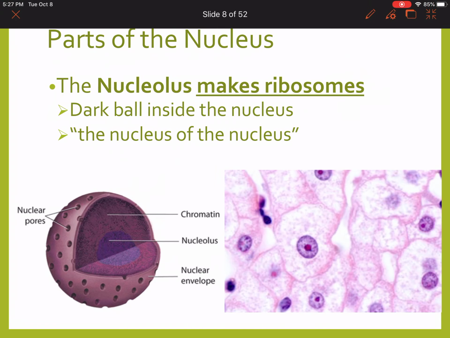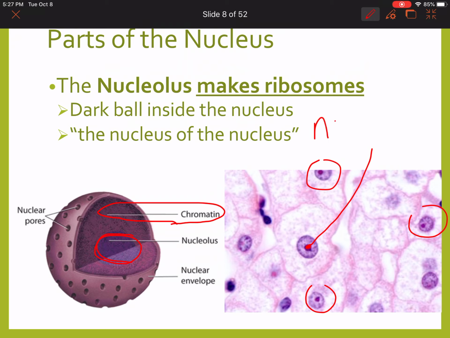Now, inside the nucleus, in addition to all that DNA, all that chromatin, there's also this dark region. It looks kind of like a nucleus inside a nucleus. You see how each of these has a dark circle in it? That dark region, that's called the nucleolus.